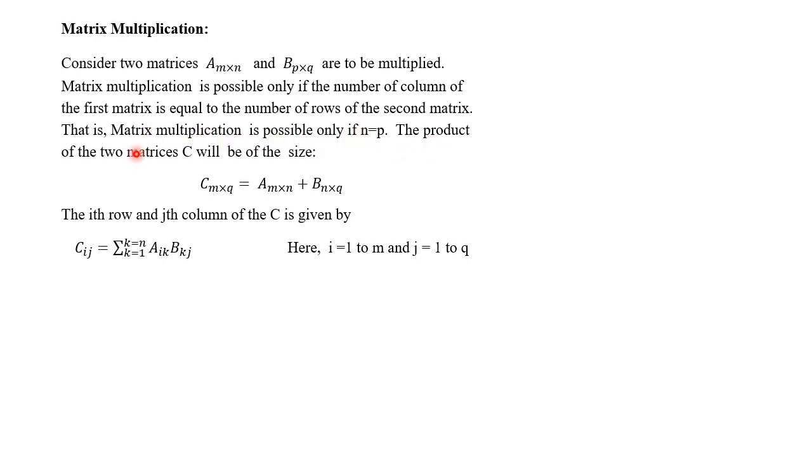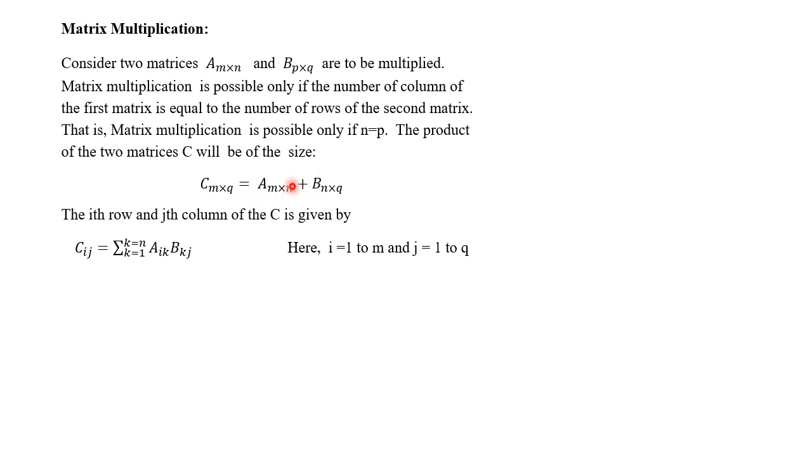The product of the two matrices C will be of the size... So A is of size m by n and B is of size n by q. The number of columns of the first matrix should be equal to the number of rows of the second matrix. Then only the matrices can be multiplied. Here the sign is wrong.